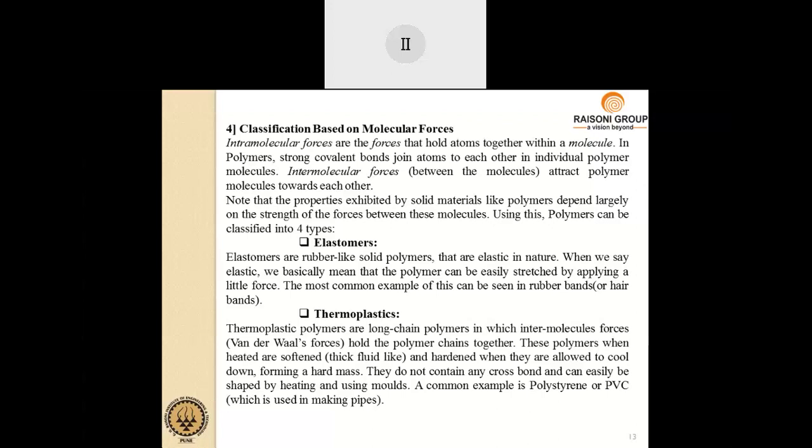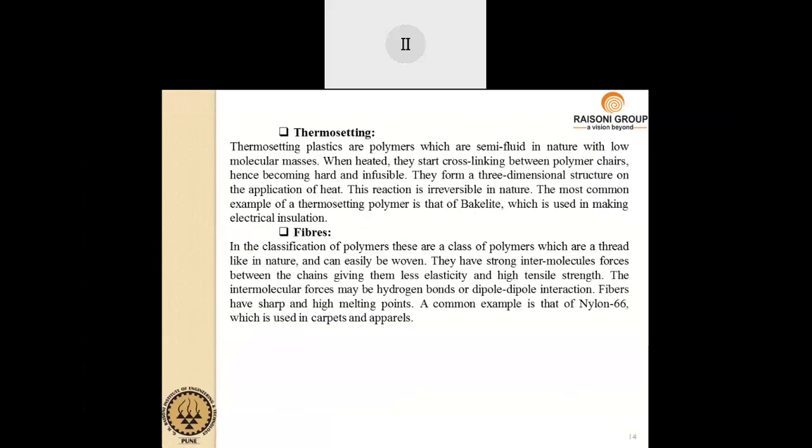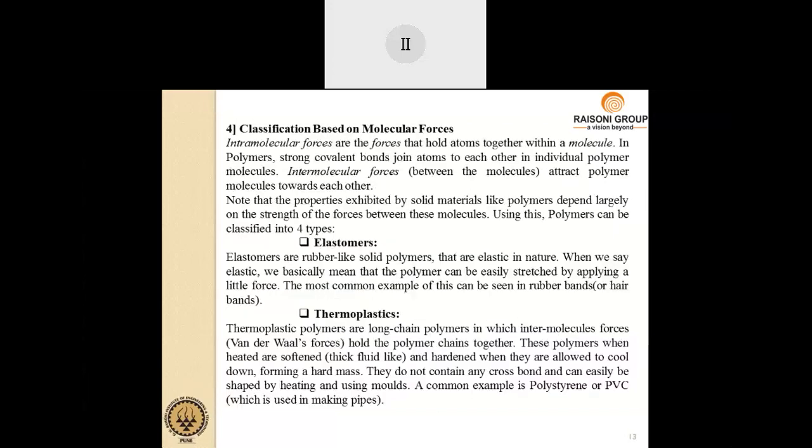Based on these molecular forces, we have four types of polymers: elastomers, thermoplastics, thermosetting, and fibers. We will see these types in our next classes.